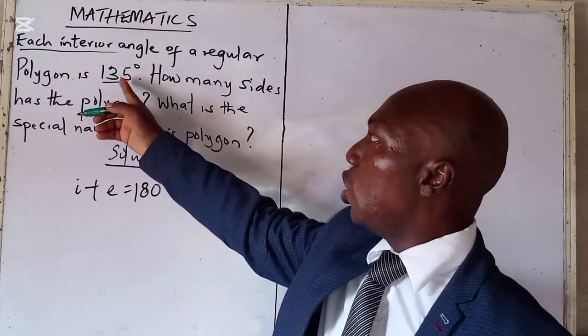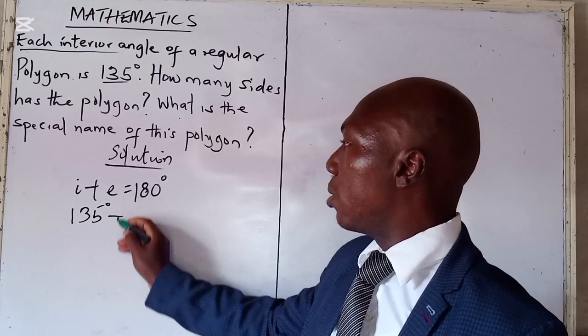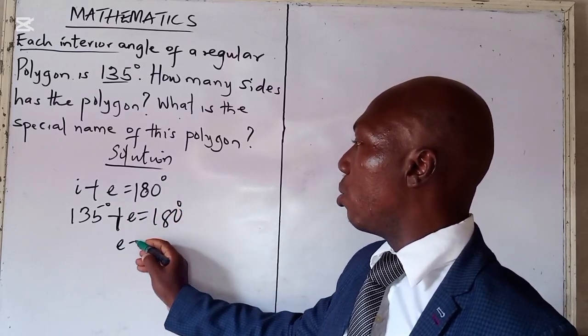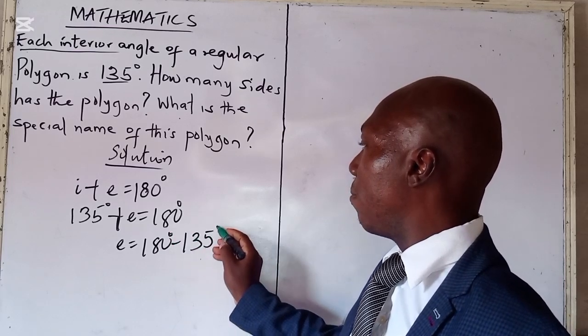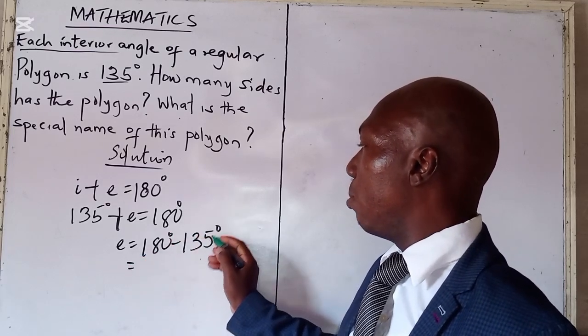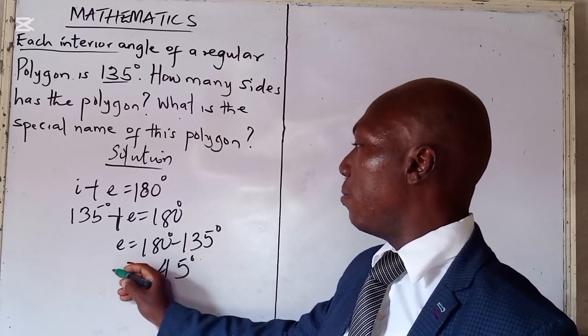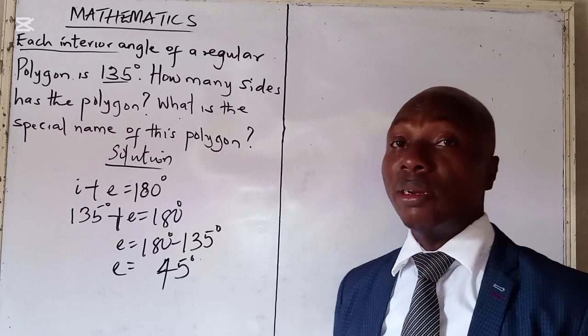And we are given each interior angle to be 135 degrees. So exterior angle will be 180 minus 135. And that will give you 10 minus 5, 5. 7 minus 3, 4. 45 degrees. So each exterior angle is 45 degrees.